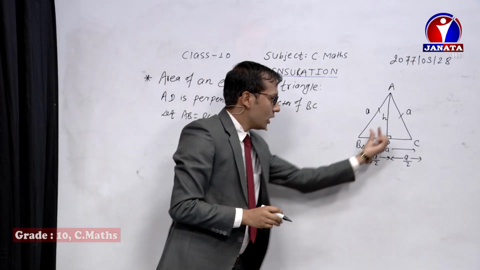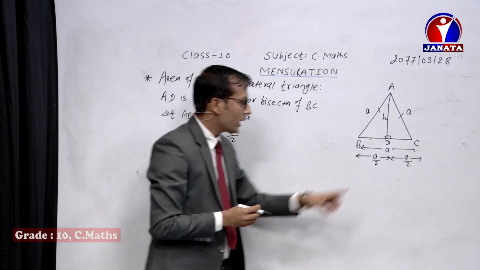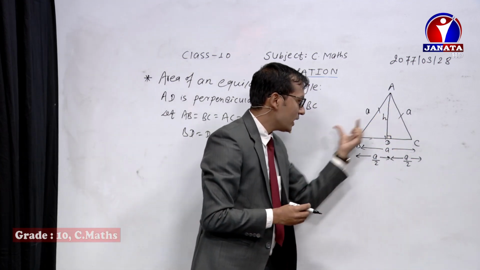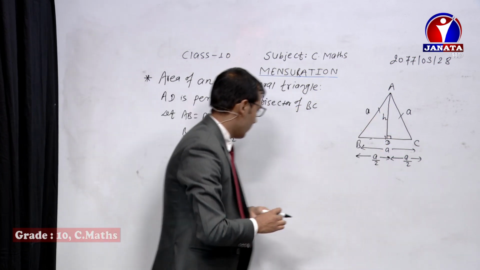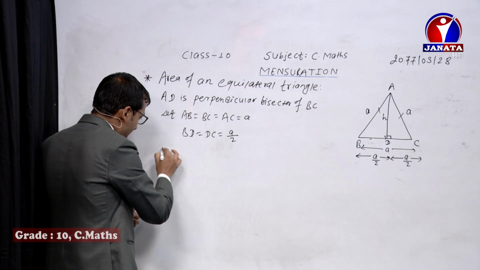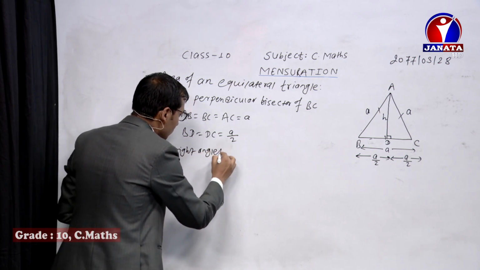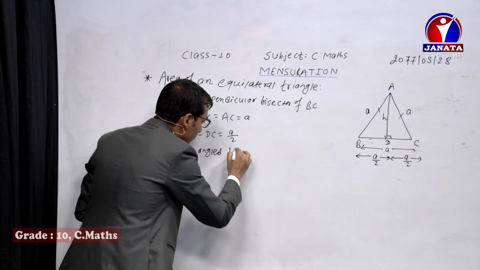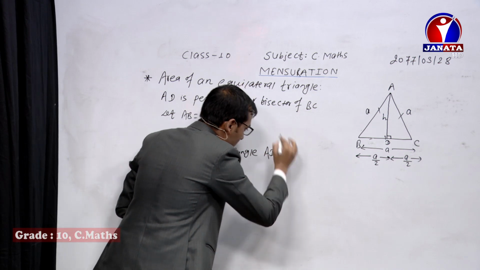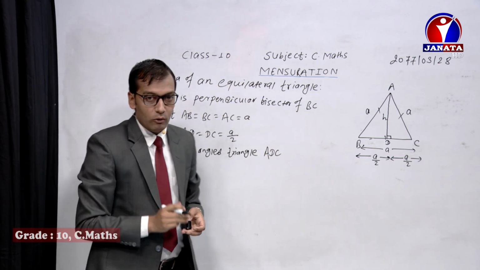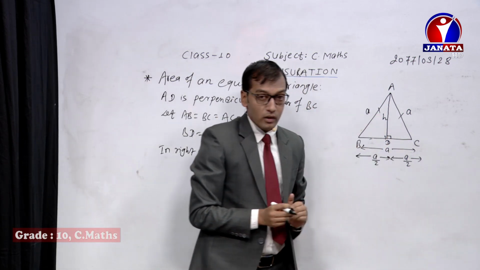Now if we look at a right angle triangle, let me take triangle ADC. We can use one of the right angle triangles. Here I am using triangle ADC. In right angle triangle ADC, what is the hypotenuse?